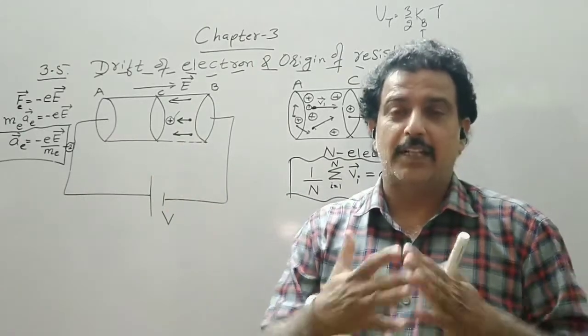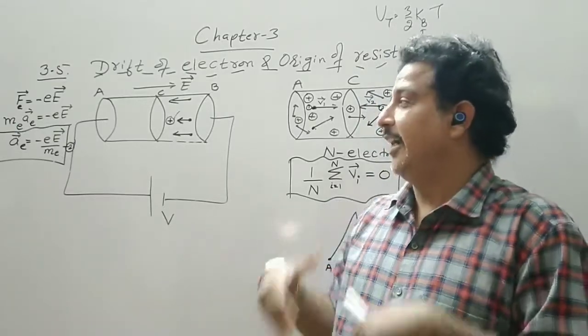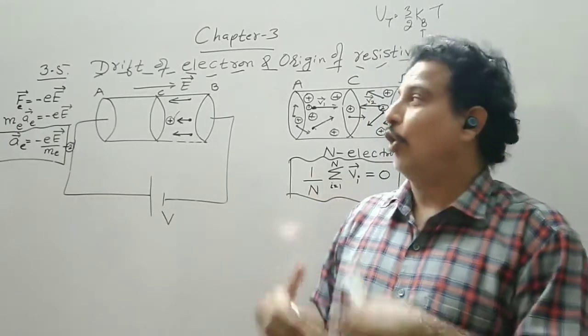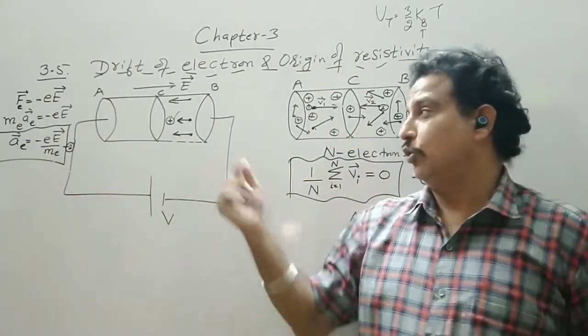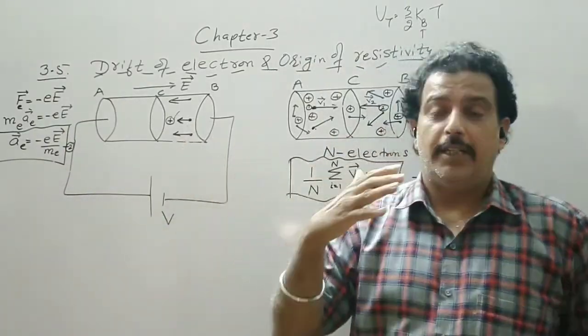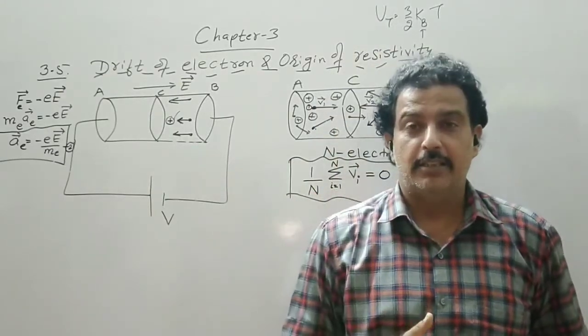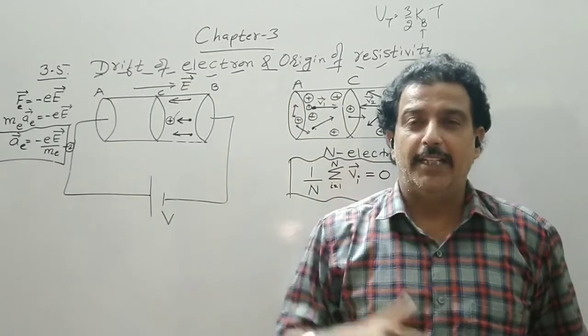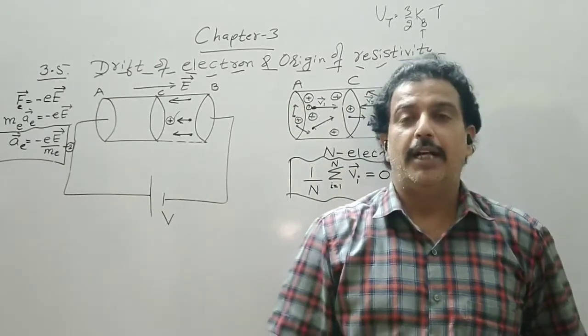So the electron which has gained energy from the force, that energy will be transferred. Its velocity has increased, so its kinetic energy has increased. Now when it collides with the ion, its kinetic energy is given to the ion.